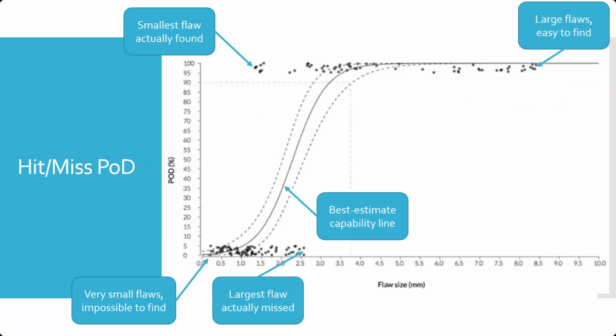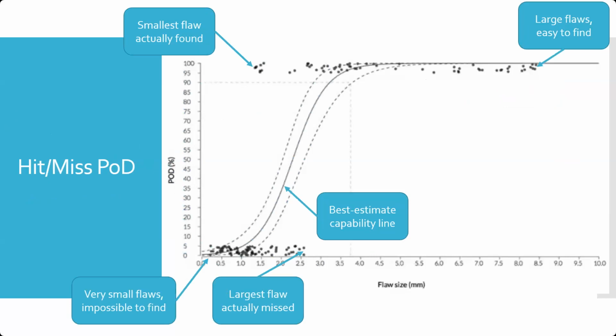So it starts down at the 0 probability of detection in the bottom left corner, and then it rises very quickly in that transition where it goes from missing flaws to finding flaws. In this case, that range from about 1.5 to just over 2.5 millimeters, maybe 3 millimeters. And then it goes up and traces along that 100% line.